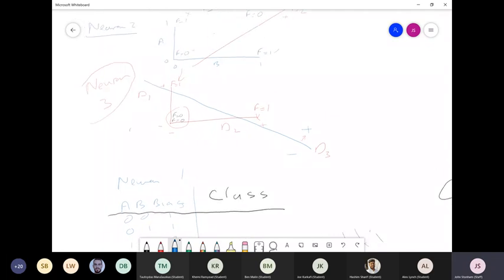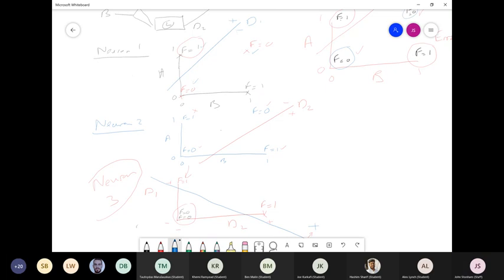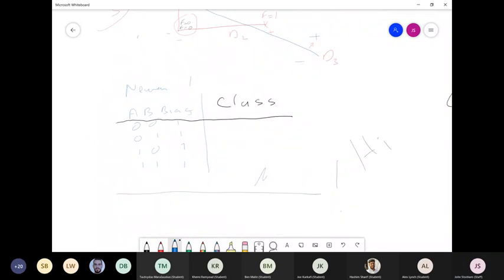And the class for neuron 1 is 0, 0 is negative, 0, 1 is negative, 1, 0 is positive, and 1, 1 is negative. So 1, 0 is positive, and the others are negative.